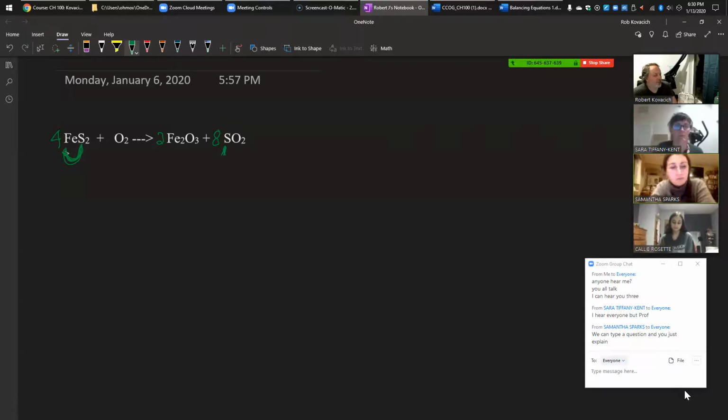So what this did for me is, how many oxygens are here now? It's 3, but there are 2 of these molecules, so 2 times 3 gives us 6. How many oxygens do I have here? 2 times 8, so that gets me to 16. Now I've got 22 total oxygens. That's a number I can deal with, because I can put, what can I put right here?